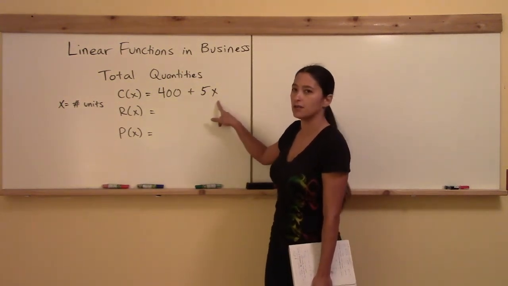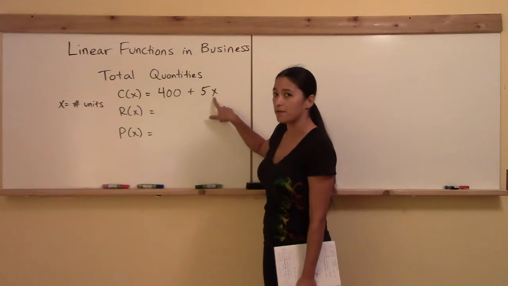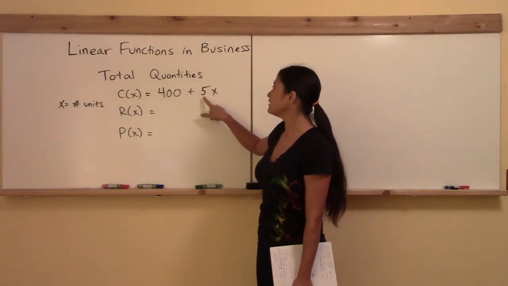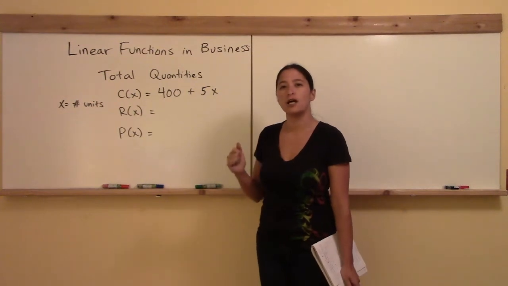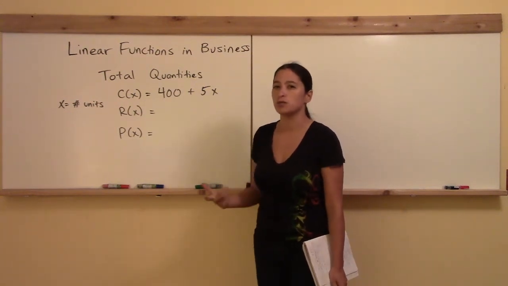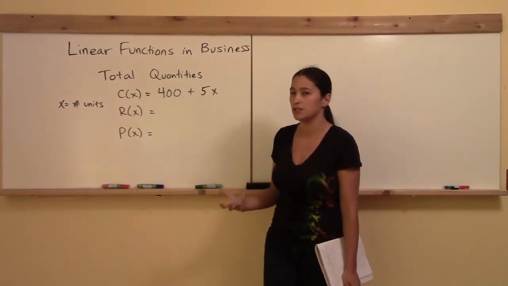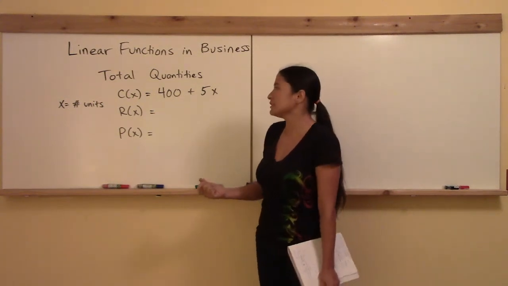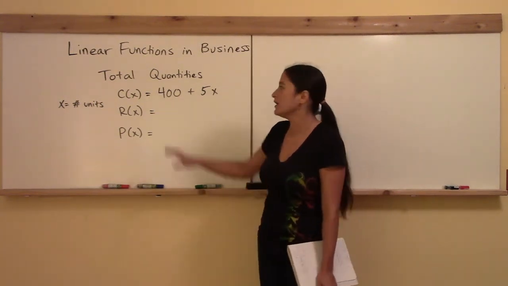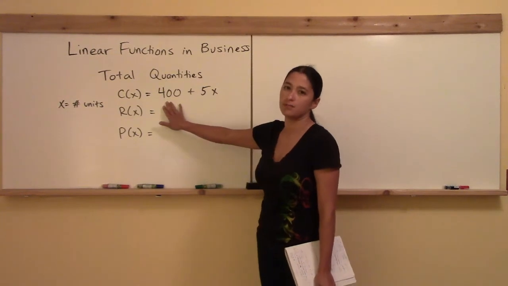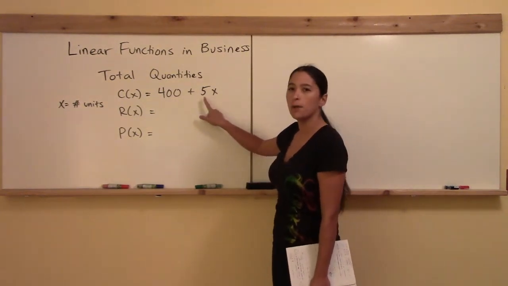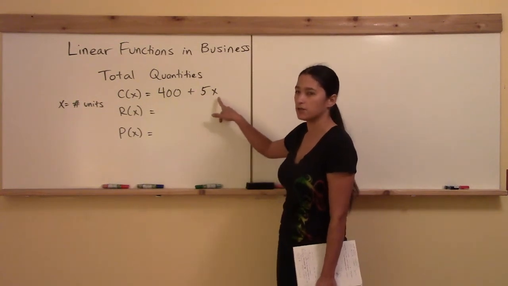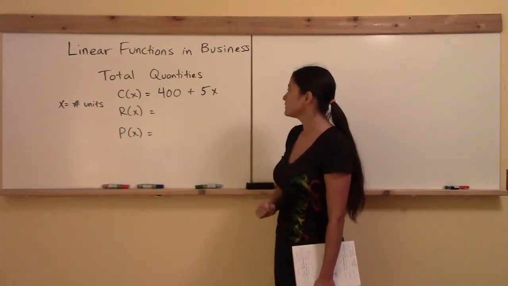You can see it's variable because it is multiplied by the variable x. The number next to that variable x represents how much it costs to actually produce the units, like how much the materials are actually costing me. So if I'm a book factory or something, it costs me $400 to rent the space or rent the printing press, and then it's going to cost me $5 per item produced. So $5 a book produced.